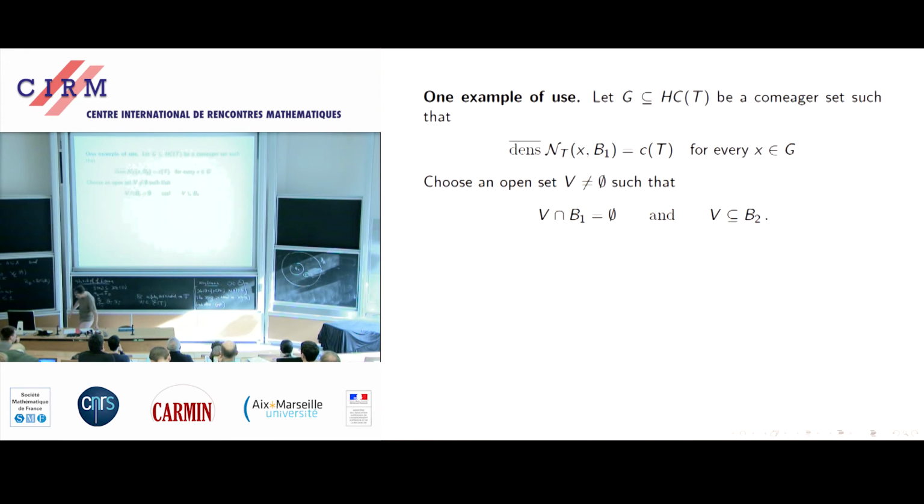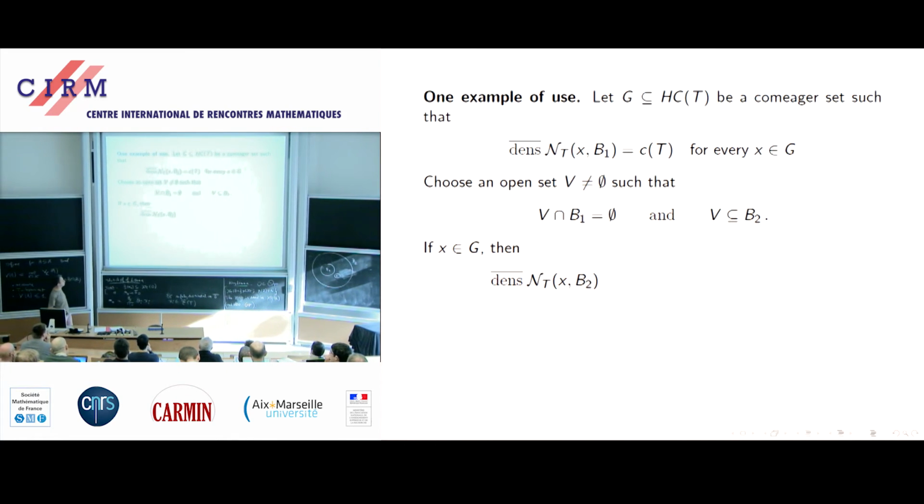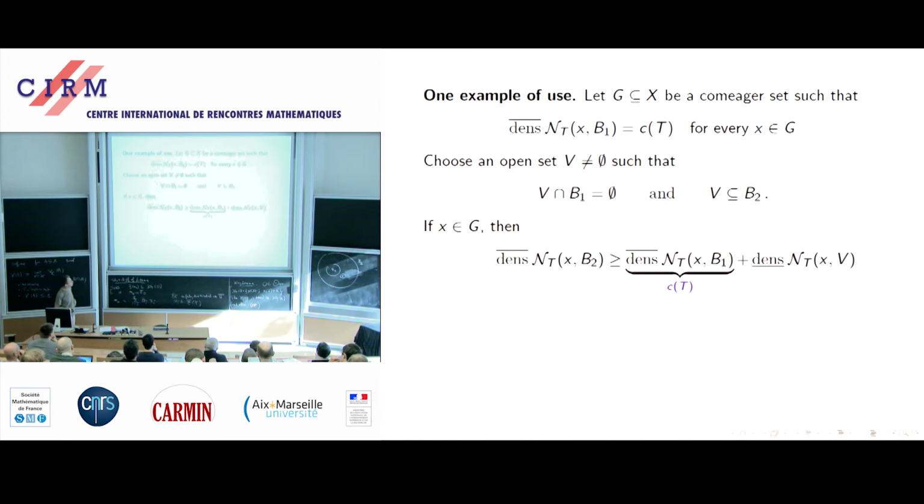And so now what can you say? If I take any point x in this set and look at this upper density with B2, the large ball, this is of course at least equal to the sum of the upper density with B1 and the lower density with V, because these two sets are disjoint. But the first one is equal to C of T. On the other hand, what you have on your left is not greater than C of T, just by definition.